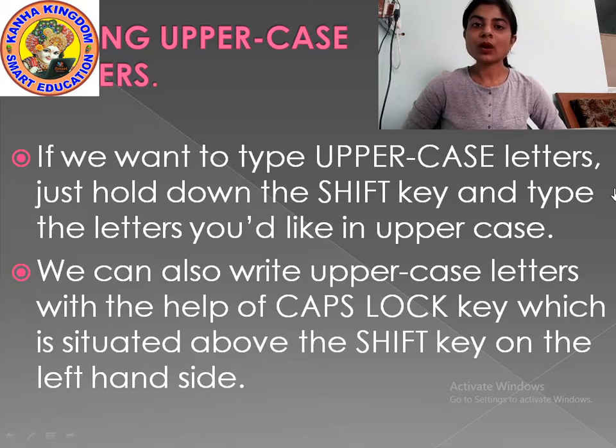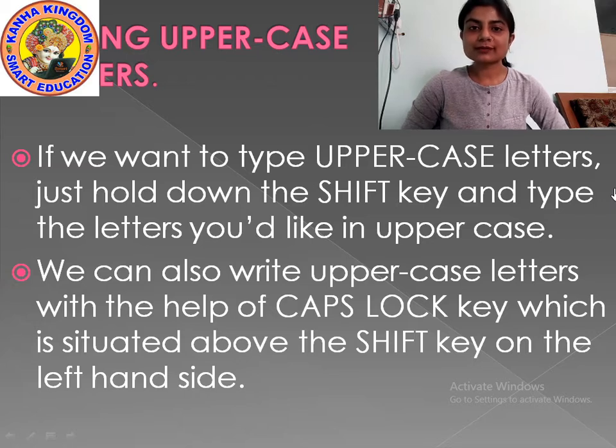We can also type uppercase letters with the help of the caps lock key. Once you press the caps lock key, you can write the letters in capital letters, and again if you press caps lock, it will be changed into small letters.